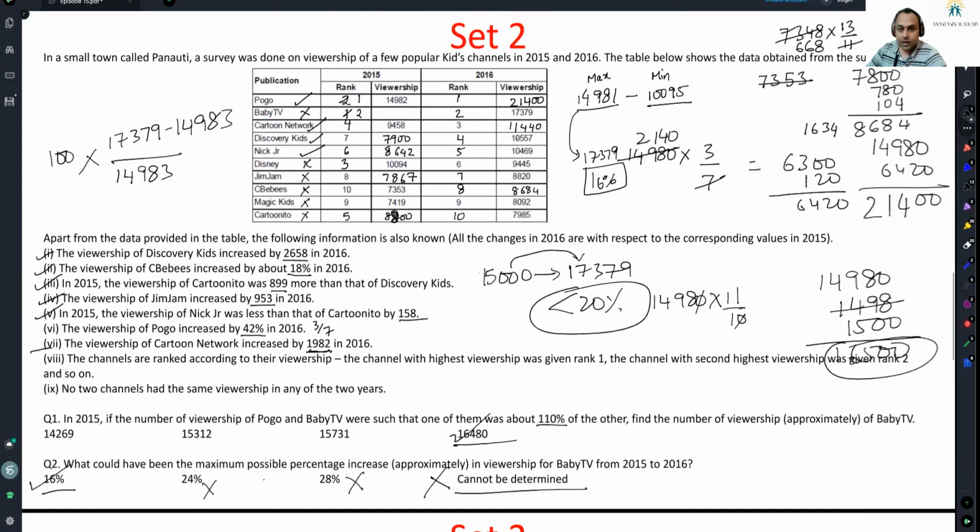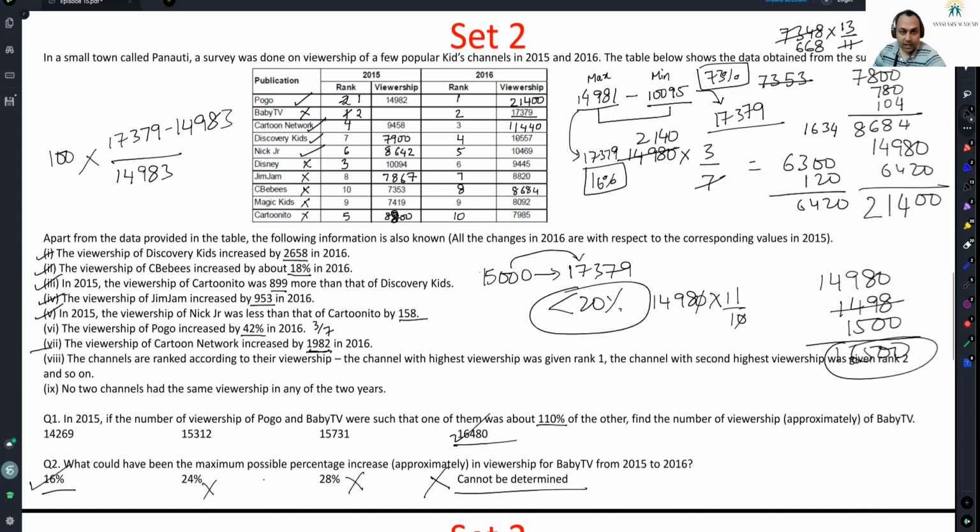If it is going from 10,095 to 17379, roughly, this is a 73% increase. But remember, these are the extreme points.